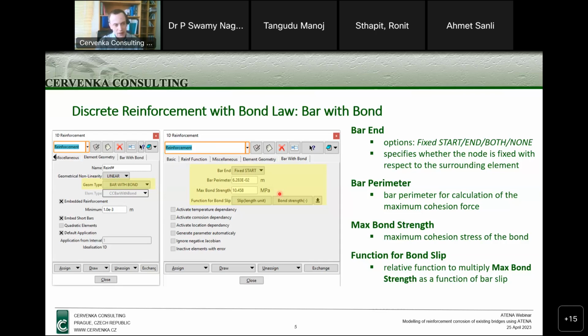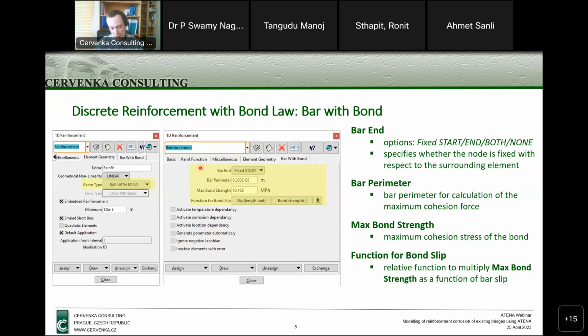Furthermore, in this option, you can define whether you fix or not fix the ends of the reinforcement bar. Typically, it can be set so that both ends of the reinforcement are free to slip.